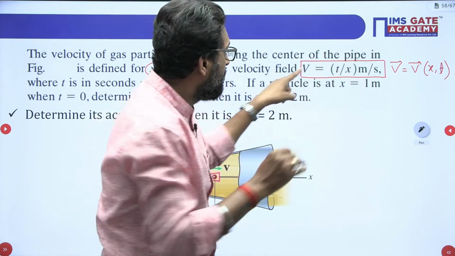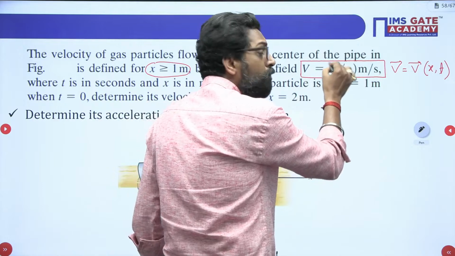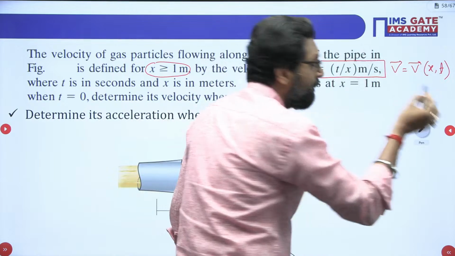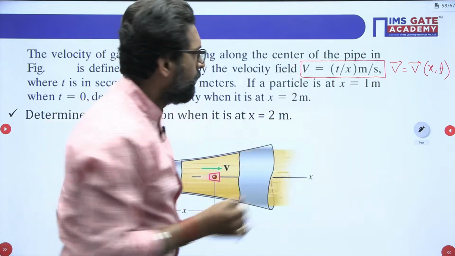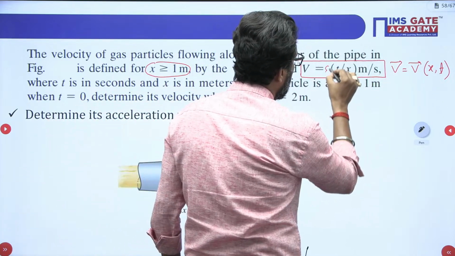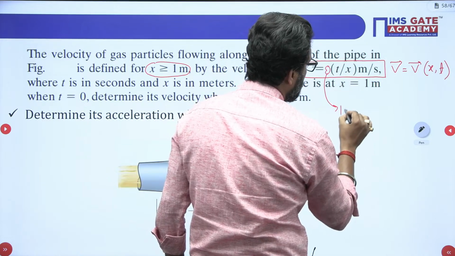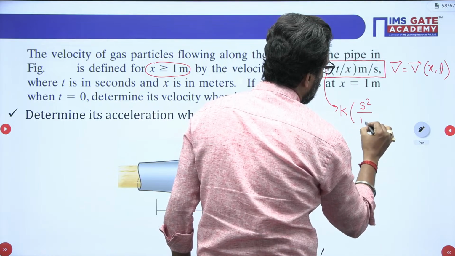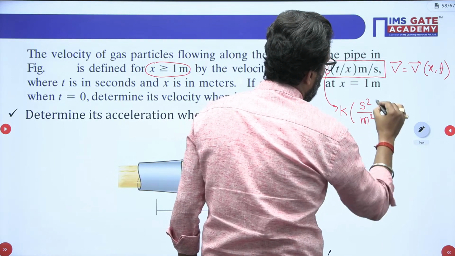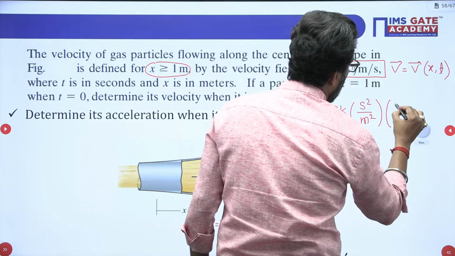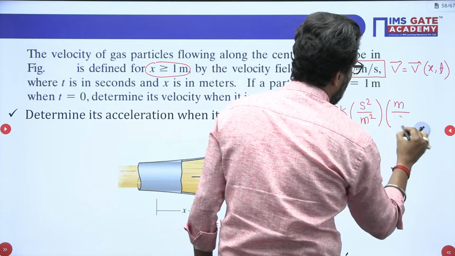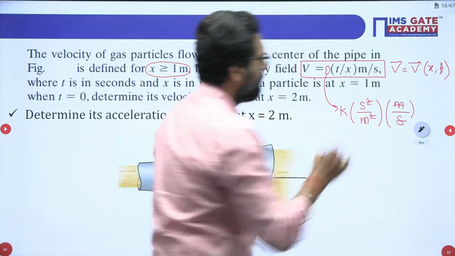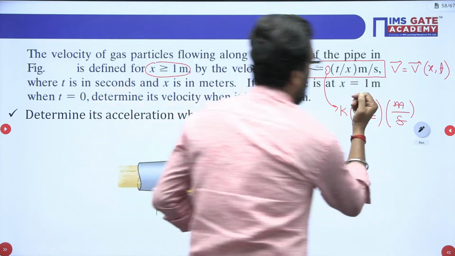Here a constant is there which is not showing, and the unit of that constant is second squared per meter squared. So if you multiply, the meter cancels, the second cancels, and it is already meter per second.